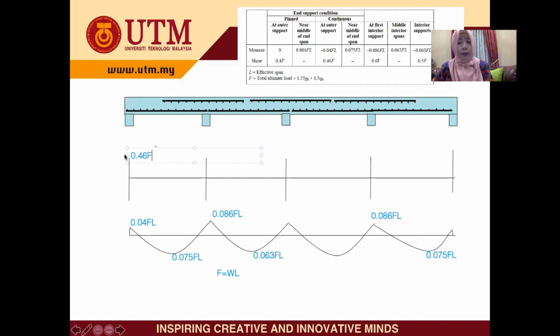Second one we have 0.6F. Next is 0.5F, and here is 0.5F. Then we repeat again and draw the shear force.